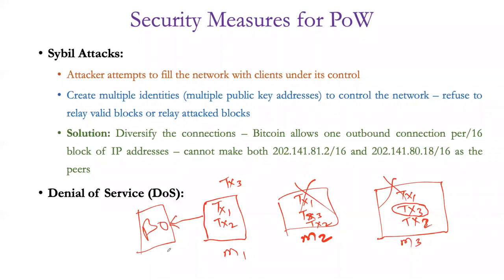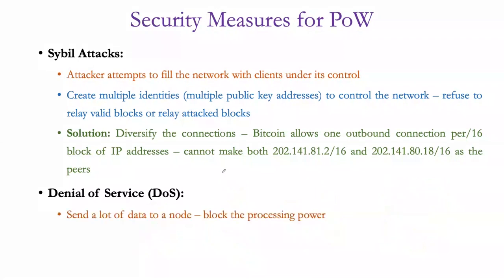But for a limited time, this will be okay. After that, when miner 2's block is elected to be added to the blockchain, miner 3's transaction will also be confirmed and valid. But for a period of time, miner 1 is intentionally denying service by not including miner 3's transaction in its own block. That is one denial of service attack possibility.